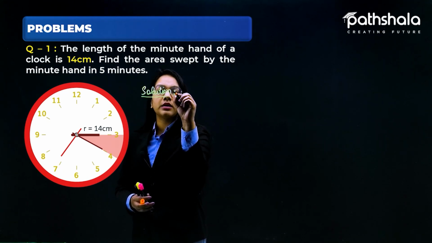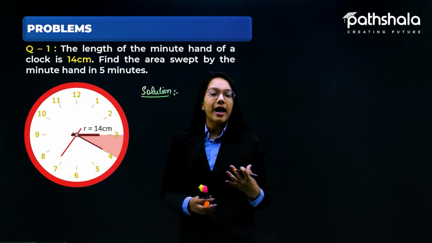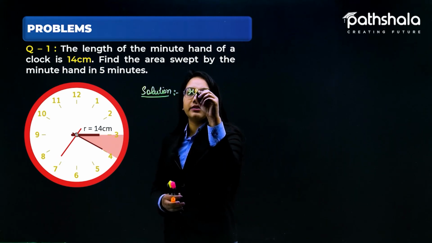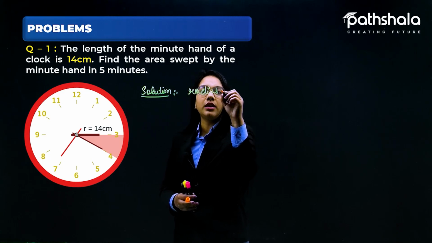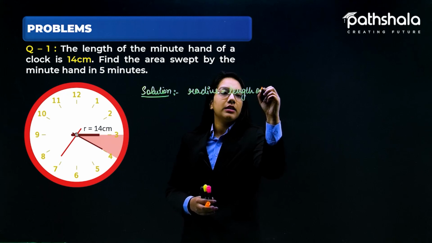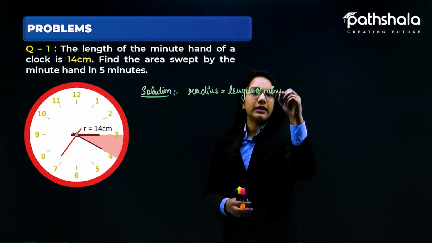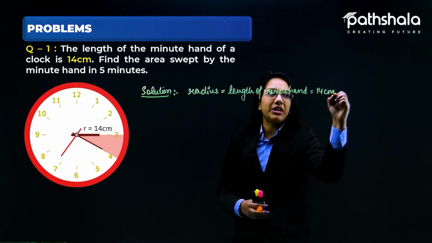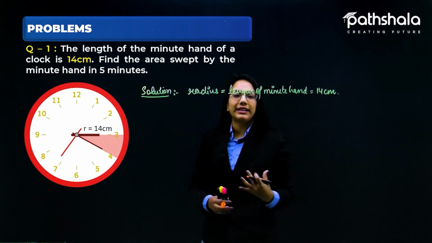We know that the length of the minute hand is given to us, which is 14 centimeter. It implies that the radius of this circle is the same as the length of the minute hand, 14 centimeter.